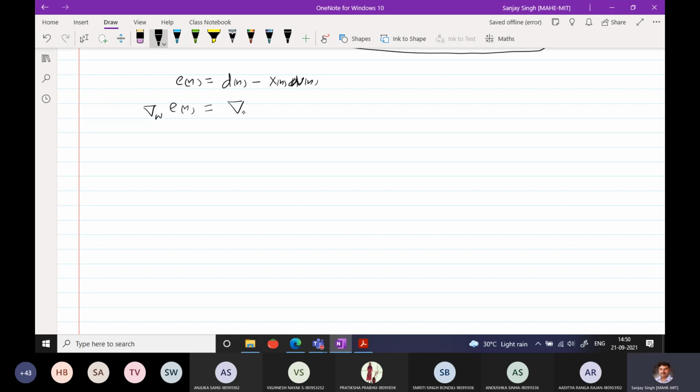It means this is basically a scalar component. This value comes out to be 0 minus. Now remember this.